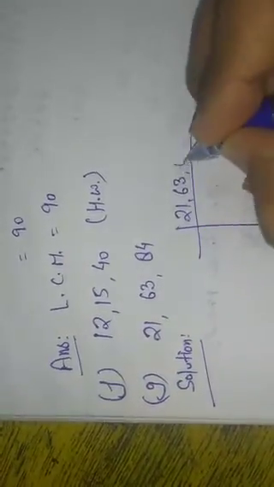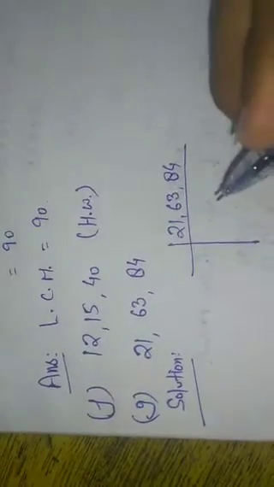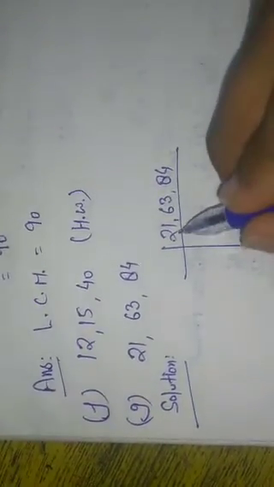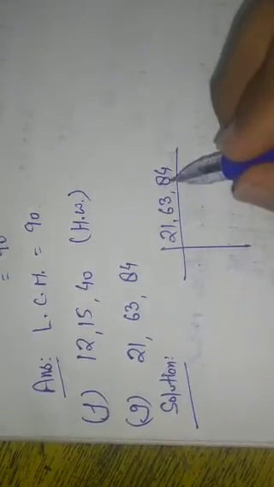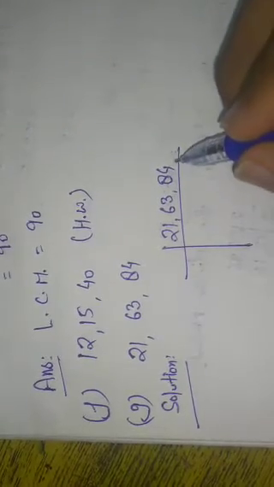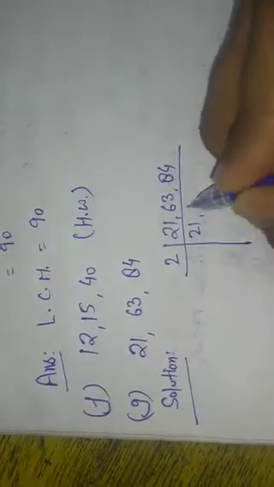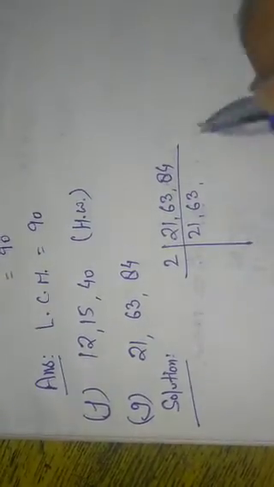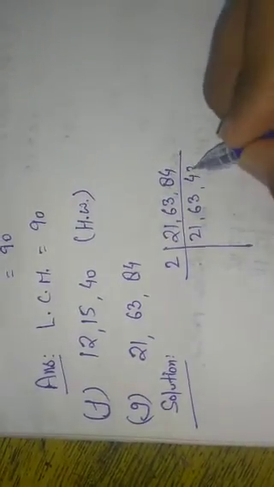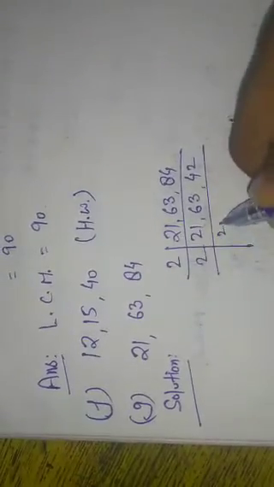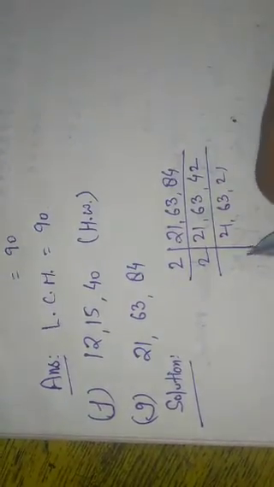21, 63 and 84. So students, here I have seen 21 is not divisible by 2, 63 is not divisible by 2, but 84 is divisible by 2 in an easy way. So first you will put the 2, 63, 21 you will note it down as it is. 2 4s are 8, 2 2s are, then again 2, 21, 63 and 2 2s are 2 1s are.